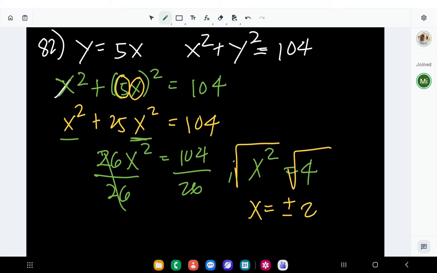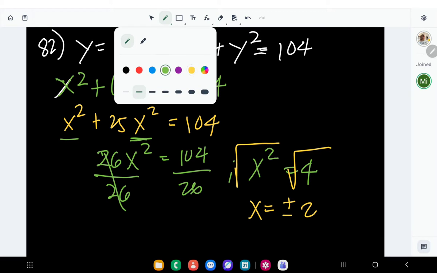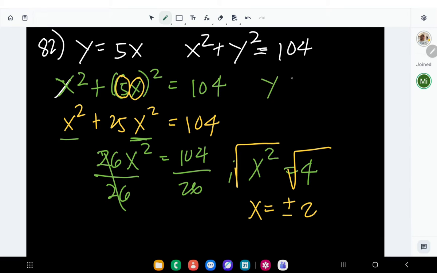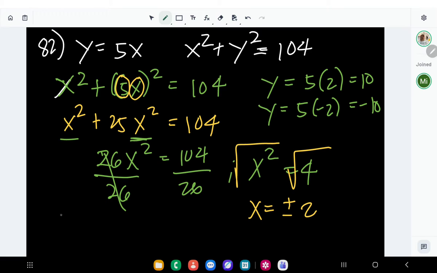Then we can solve for y. So when x is positive 2, 5 times 2 is 10. When x is negative 2, y is negative 10. So x is negative 2, 2.